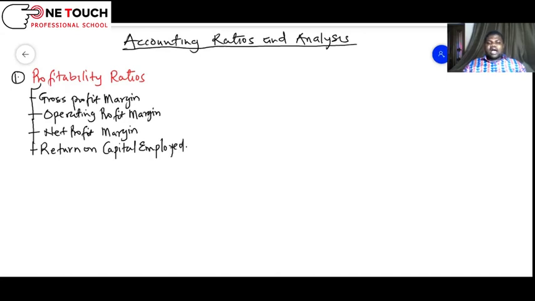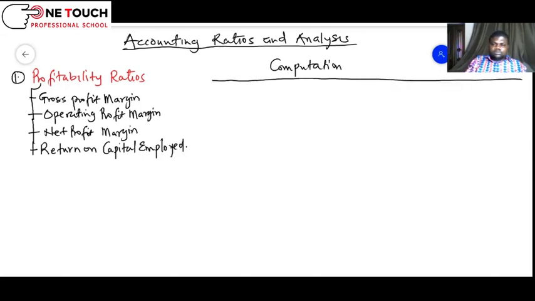Now, I would want us to pick them one by one. It's not difficult at all. So let's look at the computation. I have the ratio here.